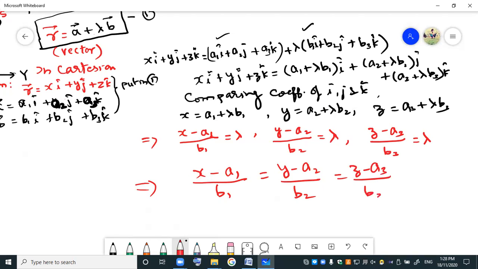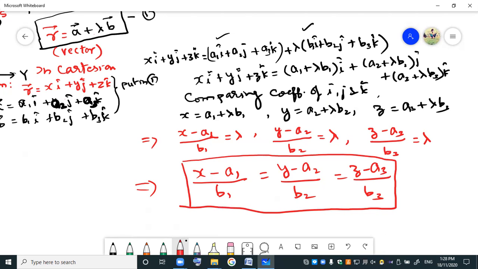In 3D, we write the equation of a line in this format, not y equal to x, because it is 3D, so we will write in this form. So this is the equation of a line in the Cartesian form passing through a point and parallel to a given vector.